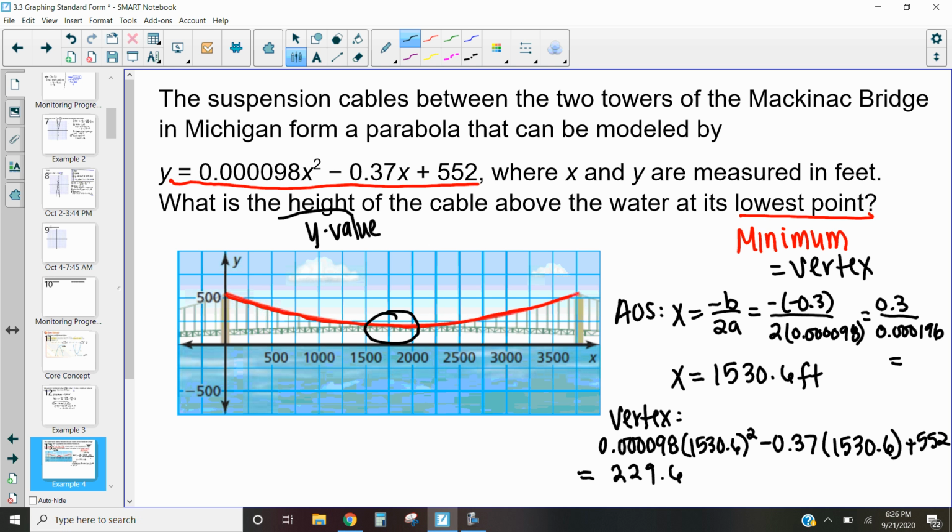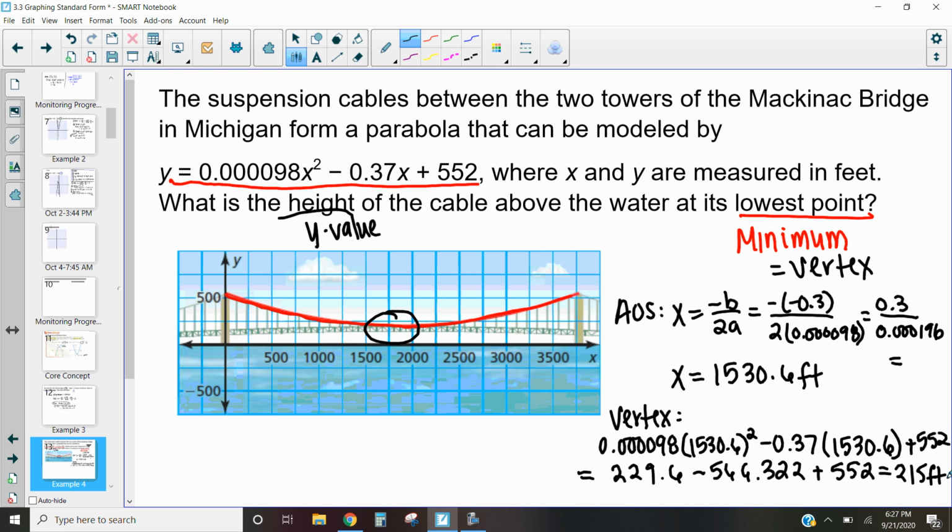Then this next part, 1530.6 times negative 0.37 gives us negative 566.322. And then we want to add 552. As we add up all these numbers, 229.6 minus 566.322 plus 552 ends up giving us 215 and some change feet.